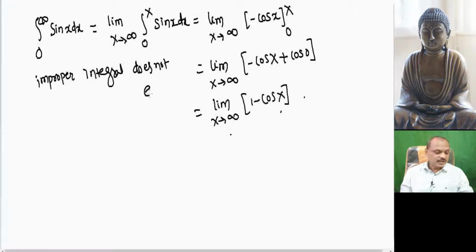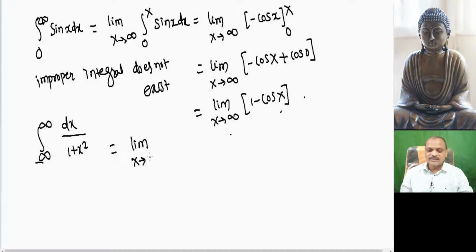Now let us take one more example. Suppose I would like to integrate from minus infinity to plus infinity dx divided by 1 plus x square. Then this will be the limit as capital X tends to plus infinity and capital Y tends to minus infinity of the integral from capital Y to capital X of dx divided by 1 plus x square.